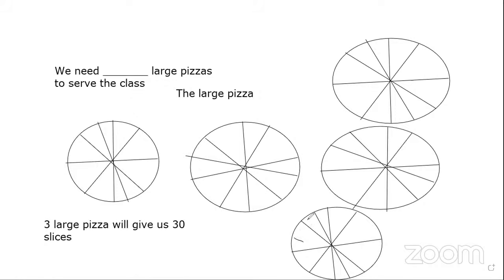Right, so we still need to give them 2 more, even though 8 is left behind, right? So far we have 10 slices, 20 slices, 30 slices, 40 slices, and we have to have 1, 2, 42 slices. So in all, we need 5 large pizzas.